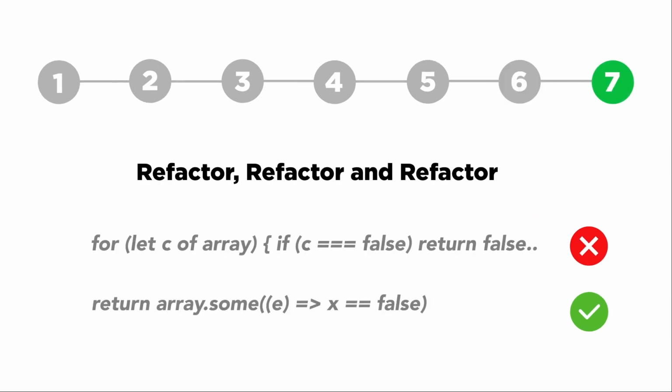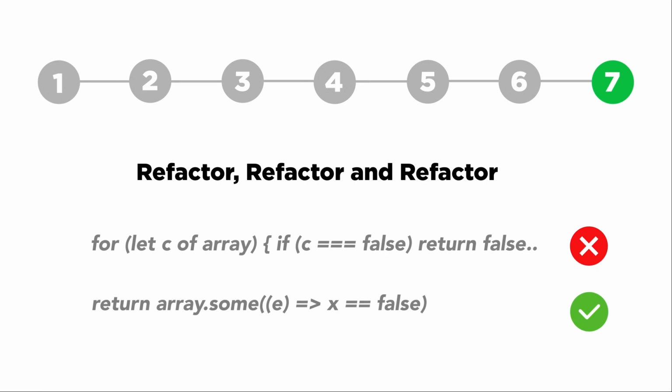The last one is refactor and refactor. I cannot talk about anything without pointing out refactoring. With JavaScript, things can get really cumbersome, really fuzzy. So it's better to refactor. Let's say for this instance, we want to find in an array if one of the values is false.